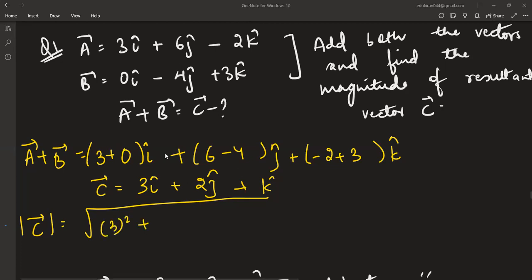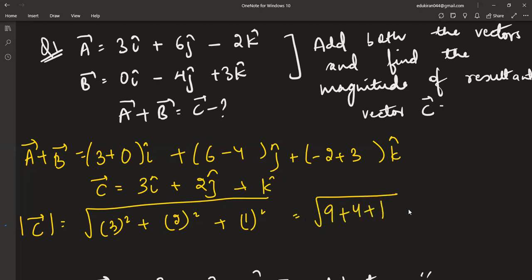Then plus 2 square, plus 1. Very good. So this becomes 9 plus 4 plus 1, that is root 14. So root 14 is the magnitude of the vector. Write it down. One last question based on subtraction we'll do, but you all will answer me in the chat column quickly. Note this down first.